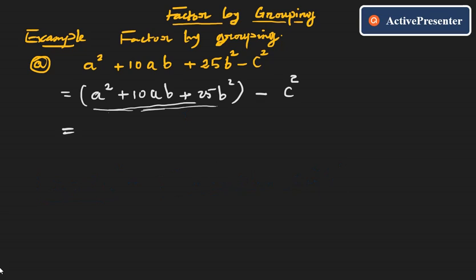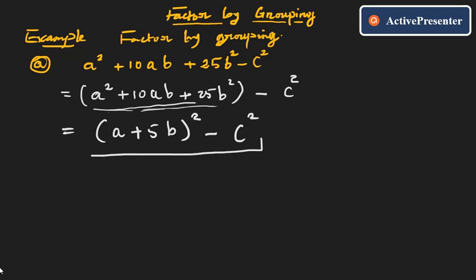Therefore we will write it in this form. This is equivalent to a plus 5b all squared minus c squared. Now you can see we have a difference of two perfect squares, so the sum multiplied into the difference.